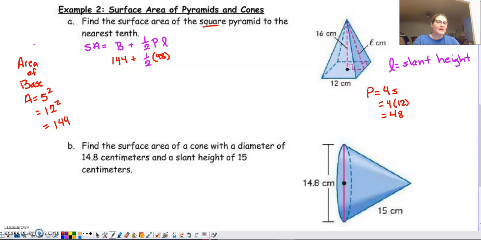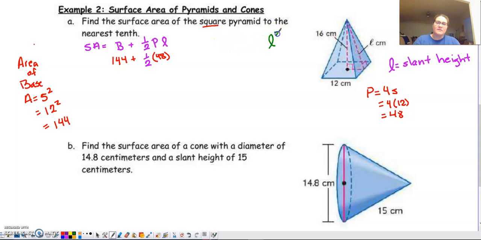We were at the point of trying to figure out what L, or our slant height, is. Well, this is a nifty, handy-dandy right triangle. So that means that we can do some right triangling. So L here is a hypotenuse of this triangle on the inside.